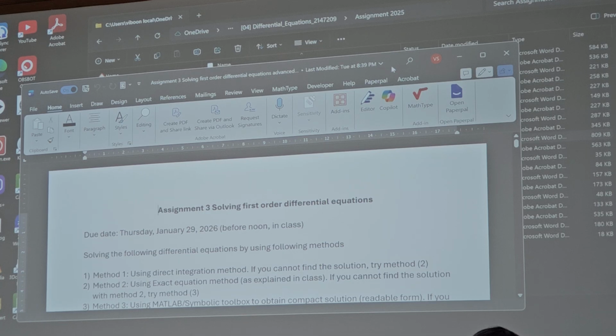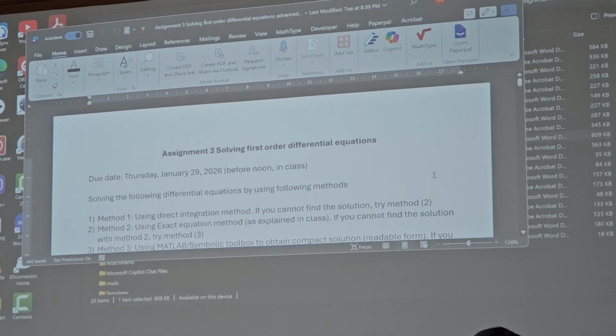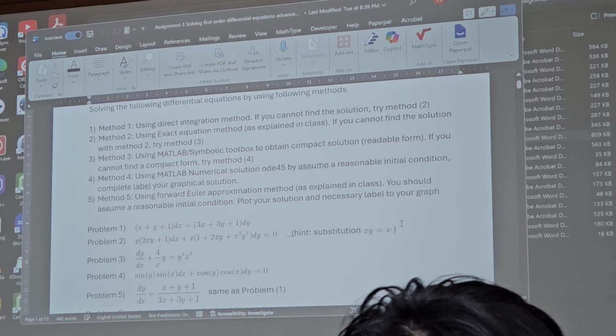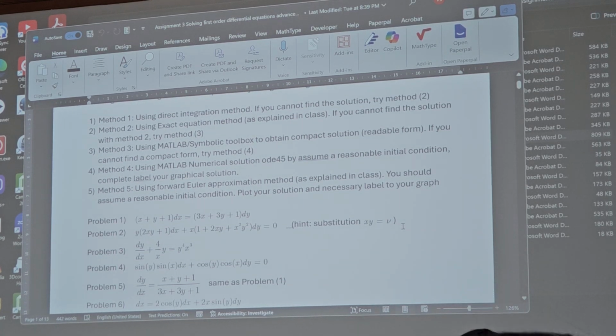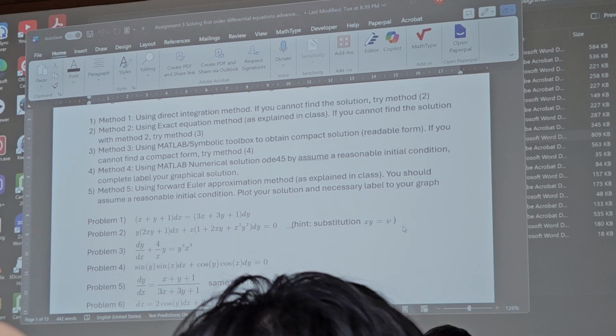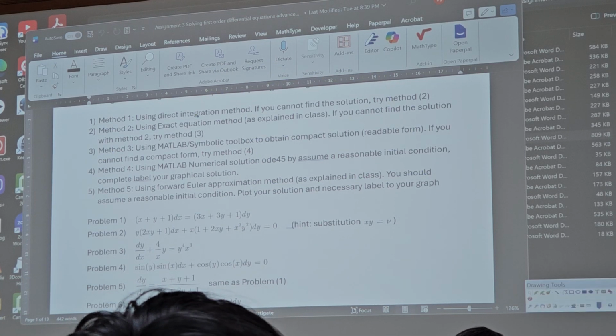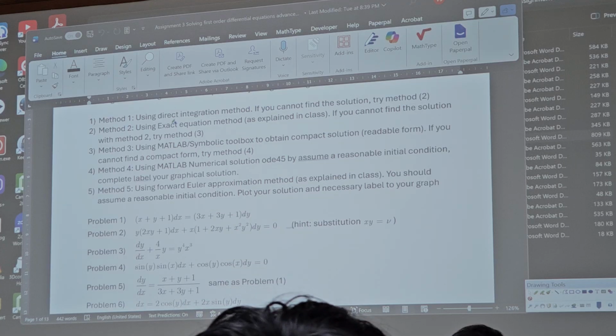Okay, this one. Look at this one. One thing that I would like to mention.